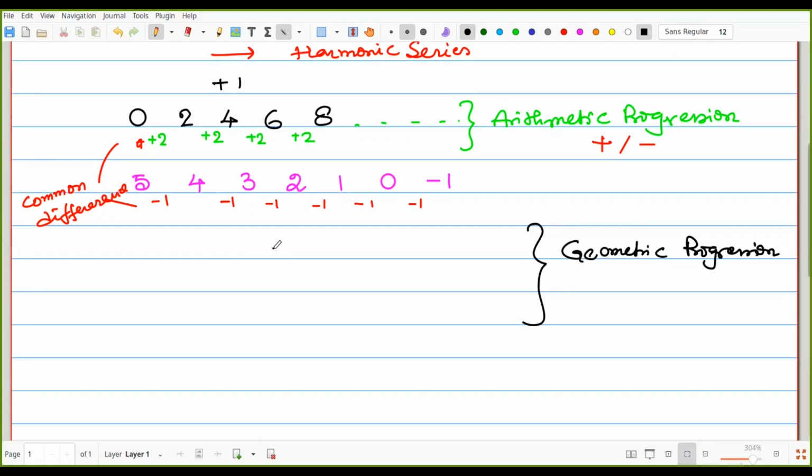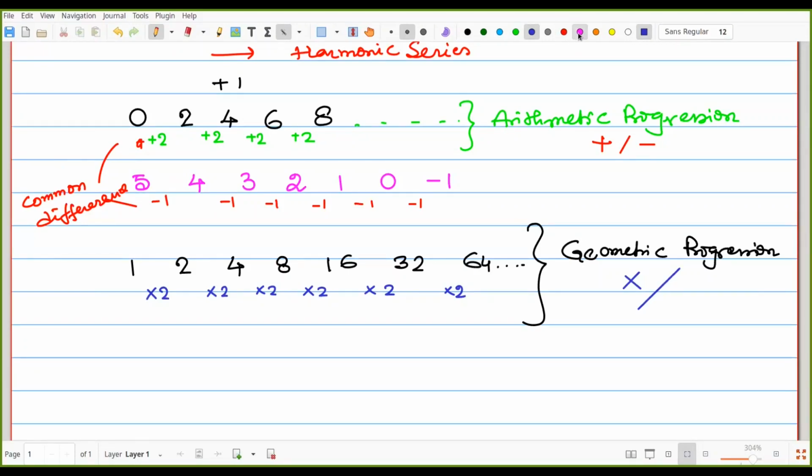Like a series starting from 1, then the next one is 2, then 4, then 8, 16, 32, 64. What is happening? Into 2, into 2, into 2, into 2, into 2, into 2. So in that case, multiplication is involved.